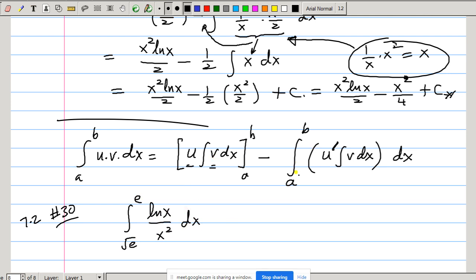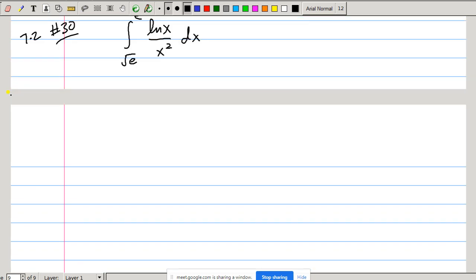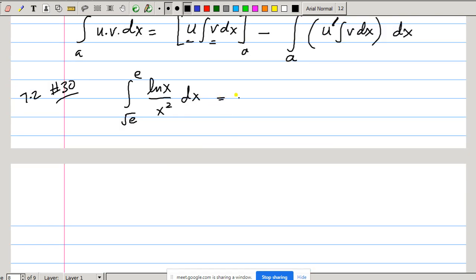As I said, log of x is the obvious choice for your u. So I will take this as u. So I will rewrite it like this. I can write it as the integral from e to e of natural log of x, and this 1 over x square can be written as x to the power minus 2 dx. Now I take this as u and this as v. So if I do that, u as it is, integration of v will give me x to the power minus 1 by minus 1.